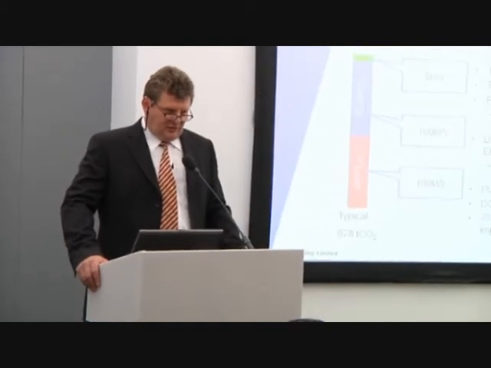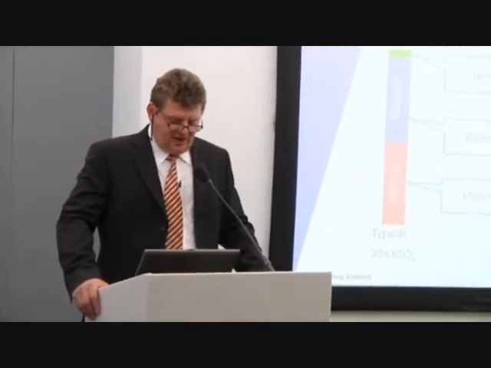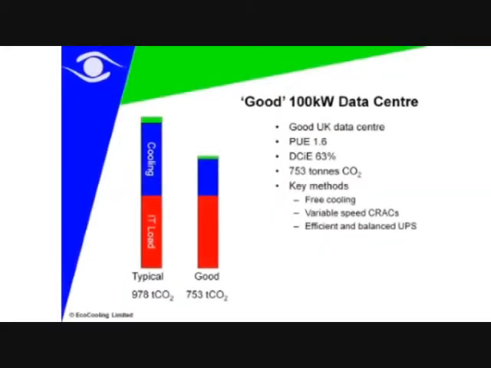So if you look at your 100 kilowatt data center, typical thing, you'll have 100 kilowatts going into your IT load, maybe 100 kilowatts going into your cooling system, and 8 kilowatts into things like UPS losses and distribution losses and transformers. A good data center, like M247, is running at about 1.6, but still probably 50% equivalent of their IT load going into their cooling system, using good quality CRACs.